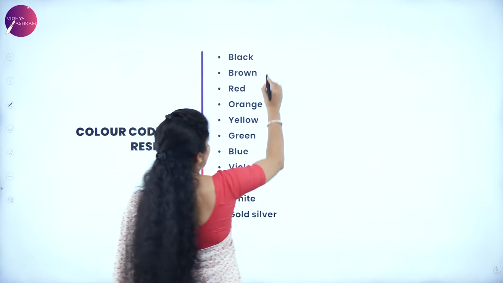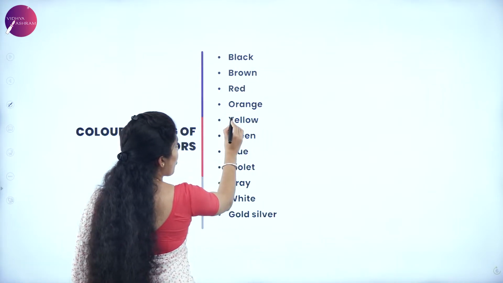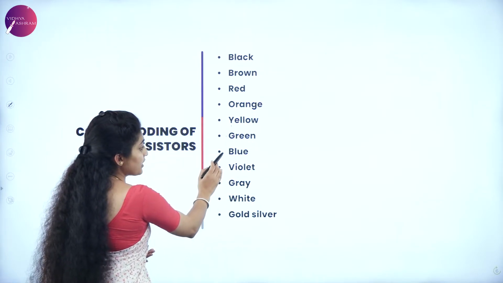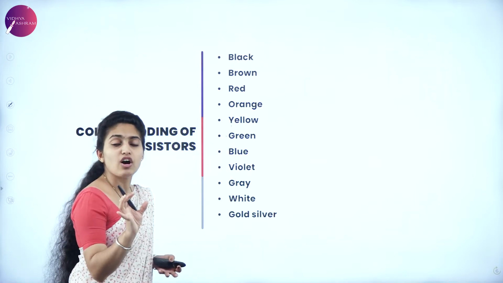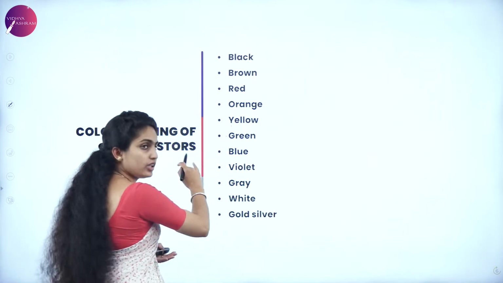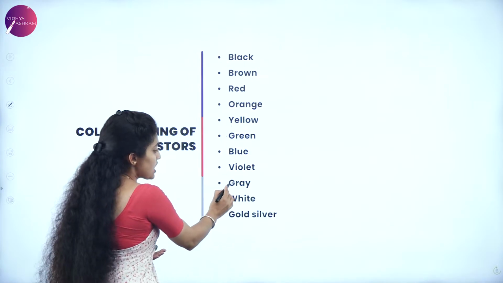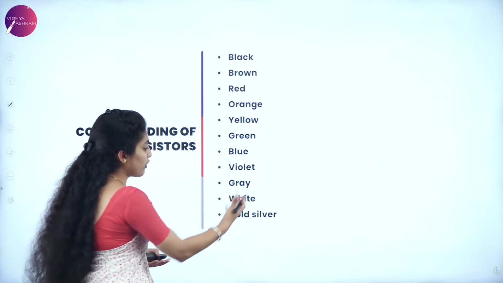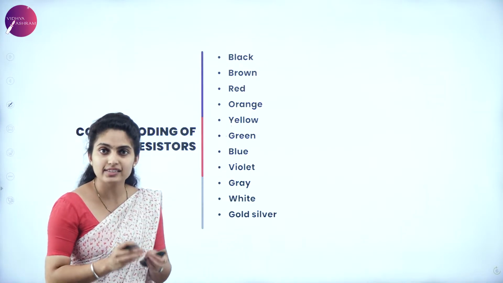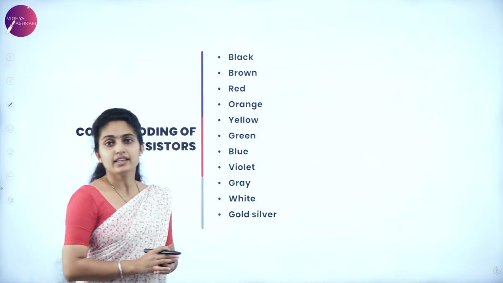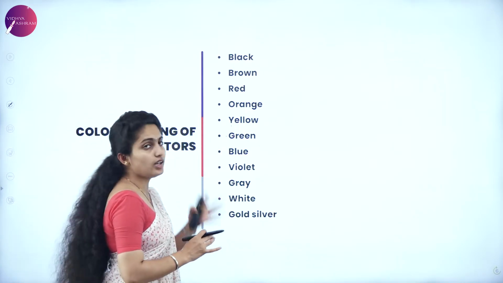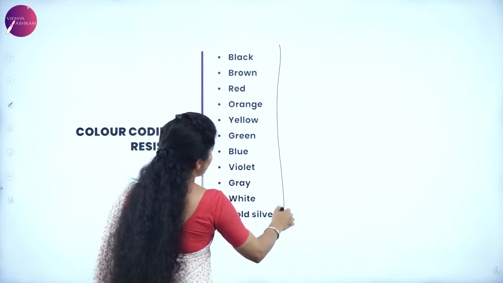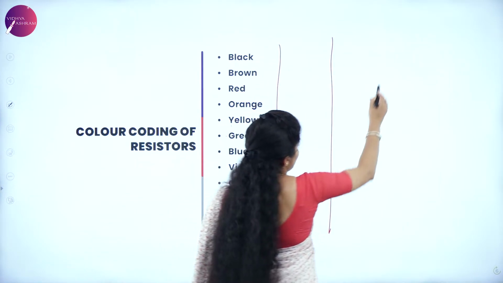So now we have B.B. Roy of Great Britain: G for green, B for blue, had a very good wife: violet, grey, wife for white, and wearing gold and silver. So this is the color coding nature. Now let us make columns.